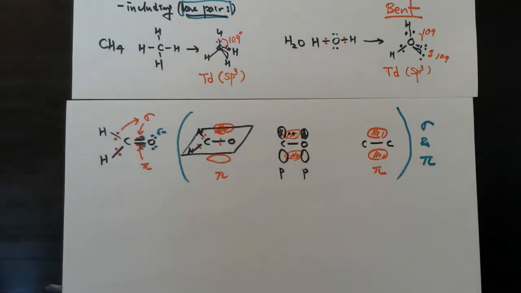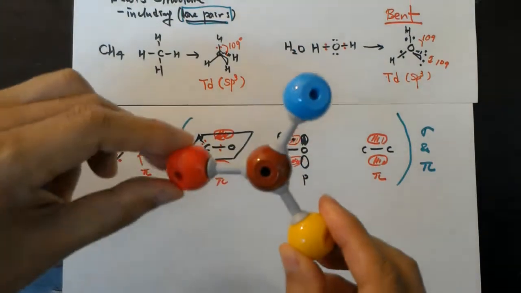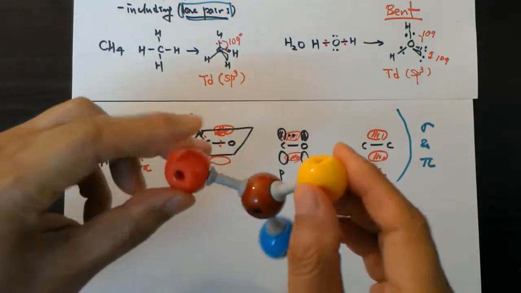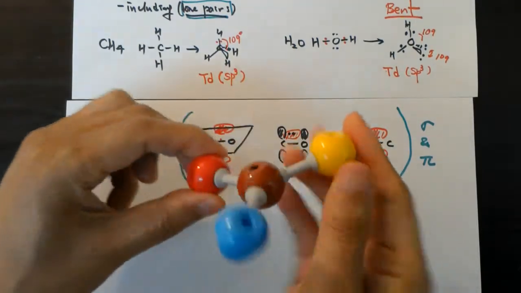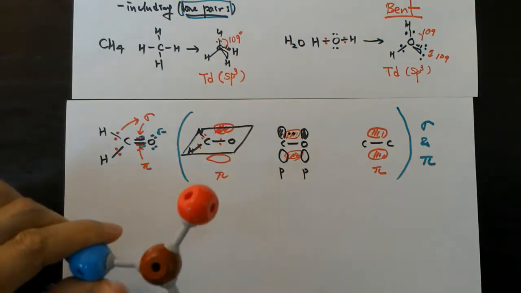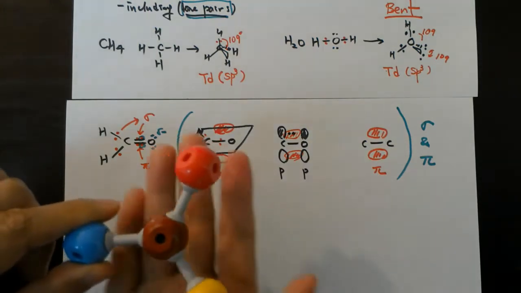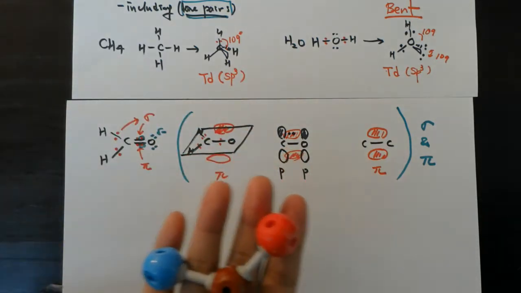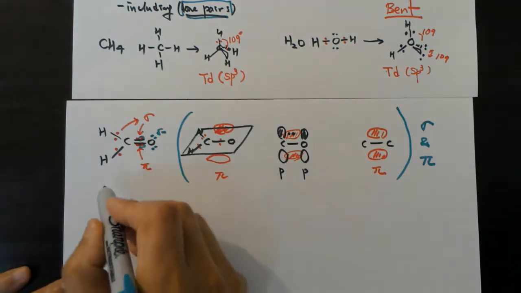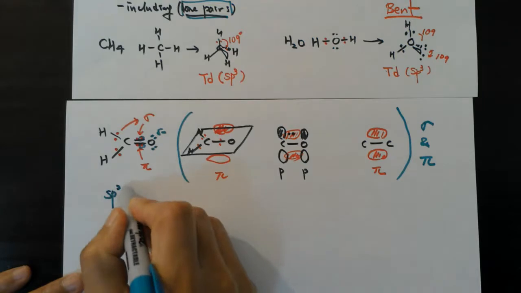When you have 3, this is the best, trigonal planar, 120 degrees and the flat shape. So whenever you have only 3 sigma bonds or lone pairs, you should have the flat shape with 120 degrees. That's when you know you have sp2 hybridization.